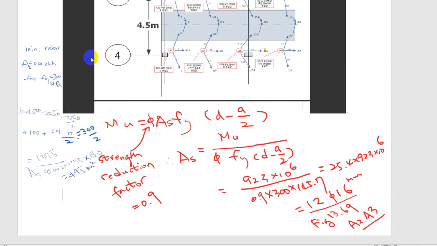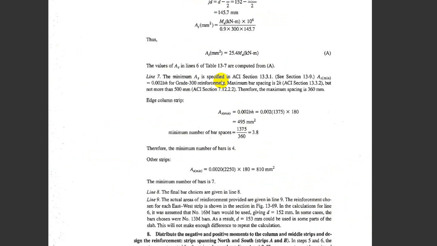Okay, the ACI requires a minimum rebar area for slabs. See ACI section 13.3.1, section 13-9. The Korean code has similar requirements, and this section says the slab minimum rebar area is 0.002 bh for grade 300 reinforcement.